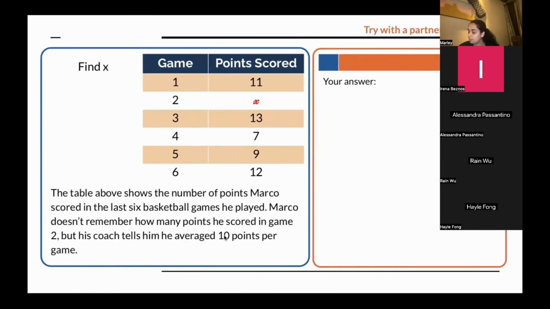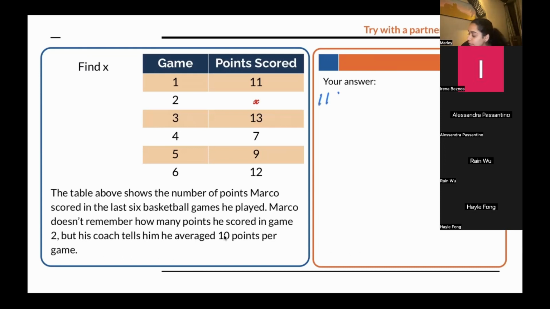Okay, now we have this data set of how many points Marco scored in the last 6 ball games. Marco forgot what he scored in the second game, but his coach told him that he averaged 10 points per game. So the equation is just like the last one.